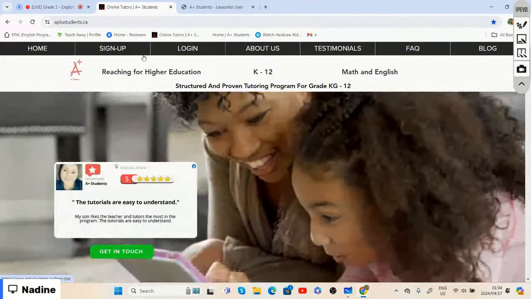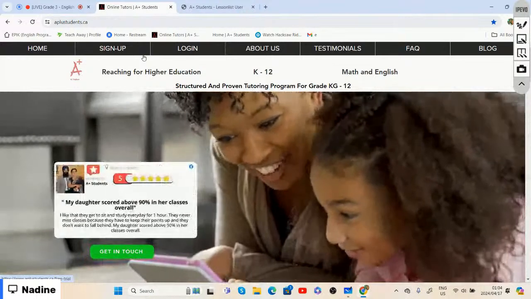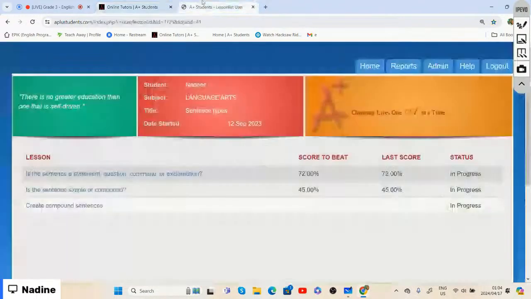Then we're going to scroll down until we get to the chapter of sentence types.